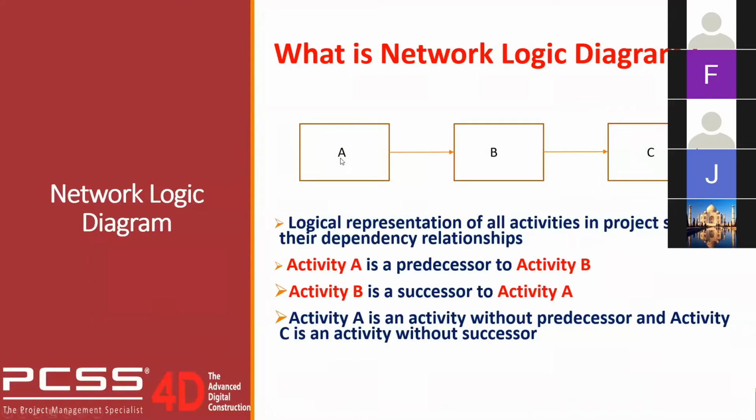As you can see here, activities A, B, C are all in one chain. In a network logic diagram, you have predecessor activities and successor activities. Activity A is a predecessor to activity B, and activity B is a successor to activity A. Activity A is an activity without a predecessor, which means before the commencement of activity A, there is no activity before it.